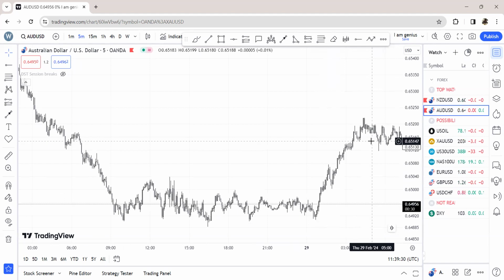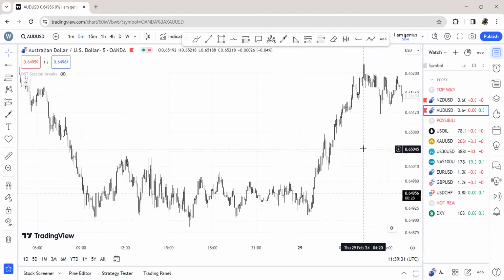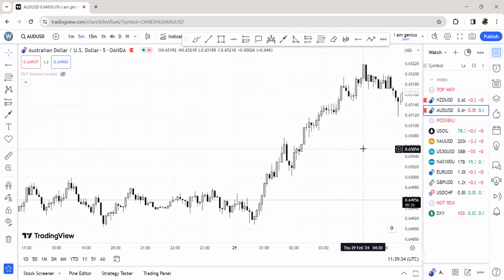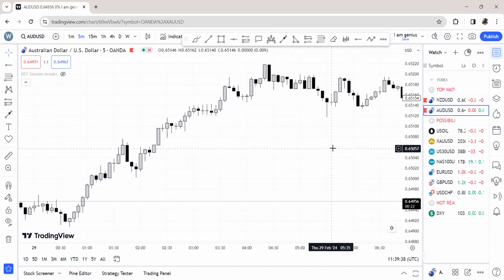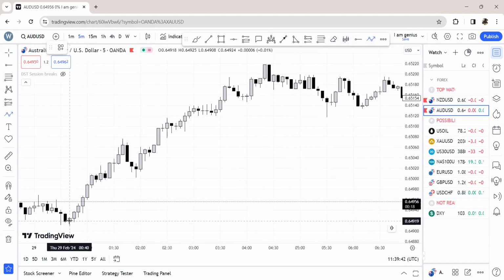Okay, we're pushing up. But then with what I've just explained, you realize that there was something going on here. In order for this market to be called an uptrend, it needs to qualify in a sense that it needs to be constantly forming higher highs and higher lows.